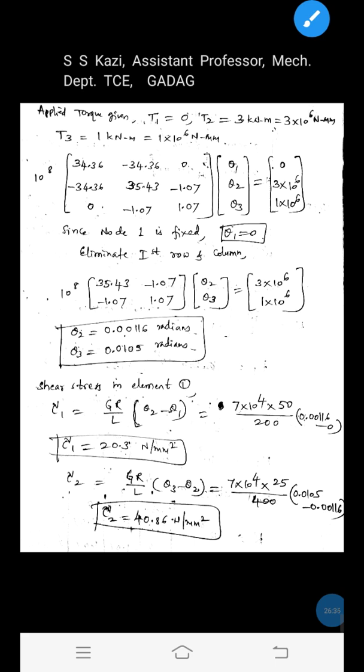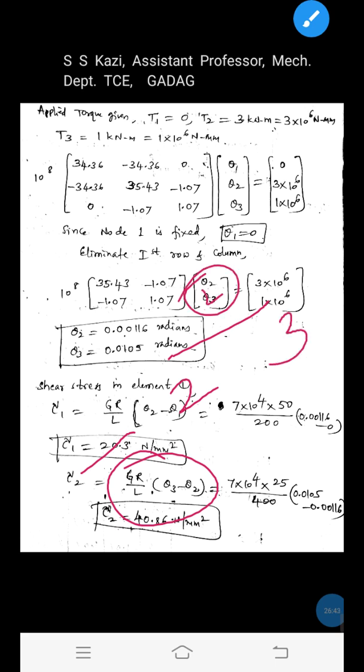Next, likewise, you find out shear stress in element 2, G R by L into bracket. Element 2 consists of initial node 2, final node 3, with length of the element 400 mm. Then you write the formula G R by L into bracket theta 3 minus theta 2, final node minus initial node, difference in angle of twist. 7 into 10 raised to 4 is the G value, substitute.